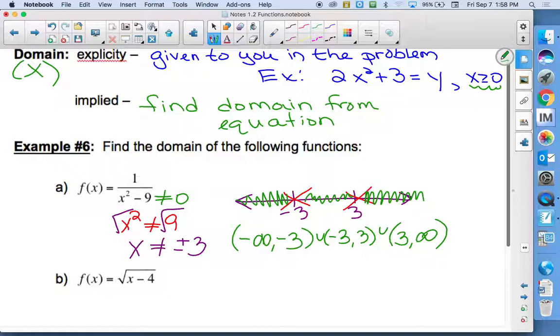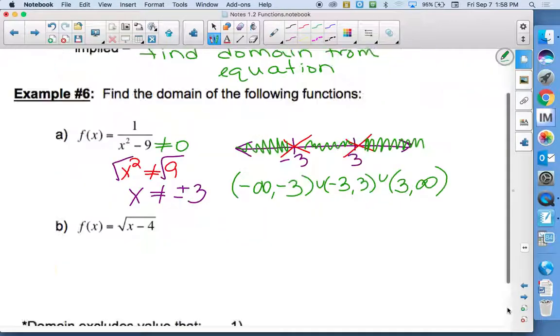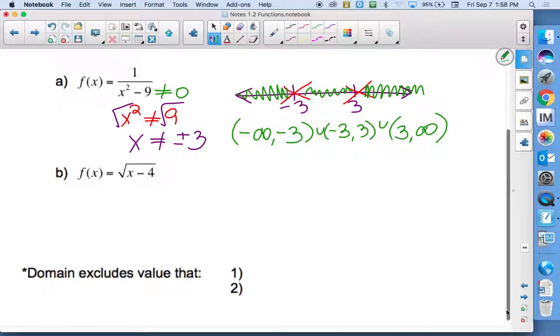All right, one last problem in the 2 minutes that I have here. I'll go through this quickly. If you have a square root, it has to be greater than or equal to what? 0, because it cannot be negative. So if you solve that little equation, x minus 4, x has to be greater than or equal to 4. So essentially, you're focusing on the equation. A denominator can't be 0.